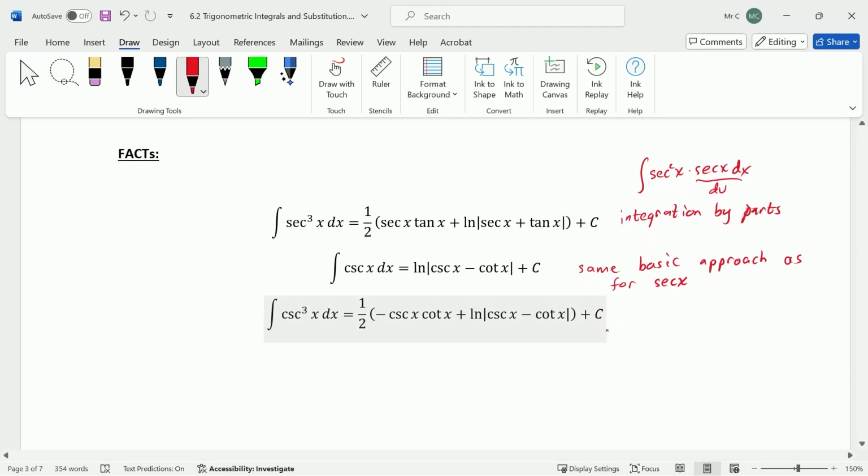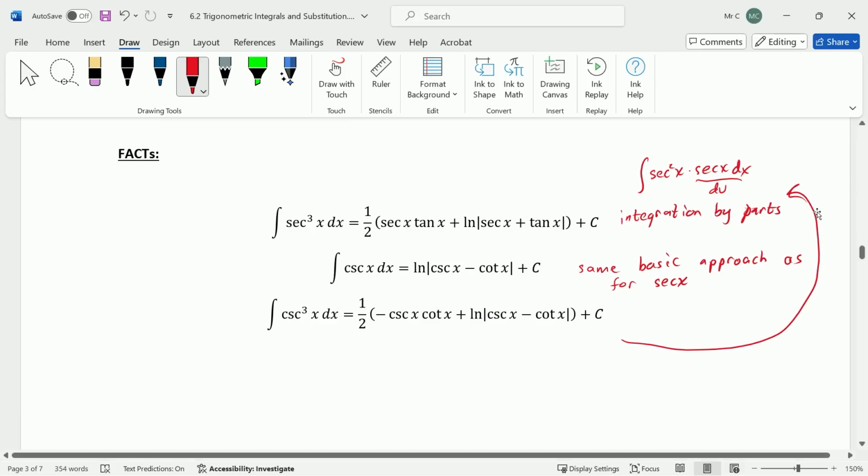And this, for cosecant cubed, it's the same basic approach as that for secant cubed, but again, dealing with cosecant and cotangent instead.